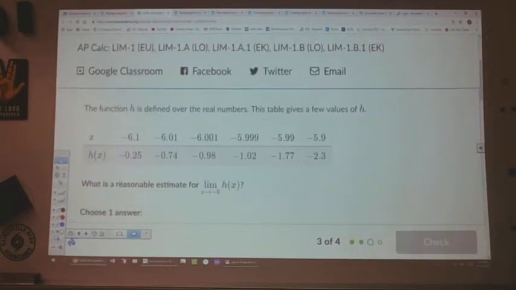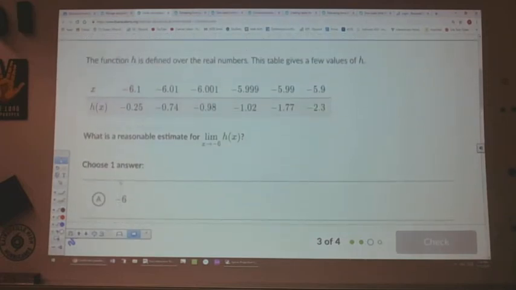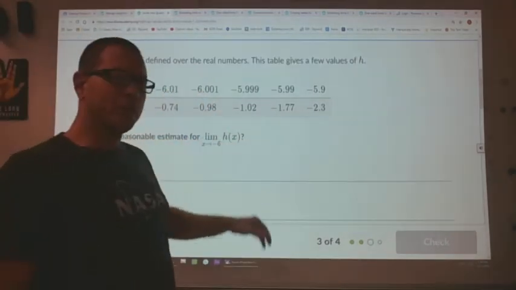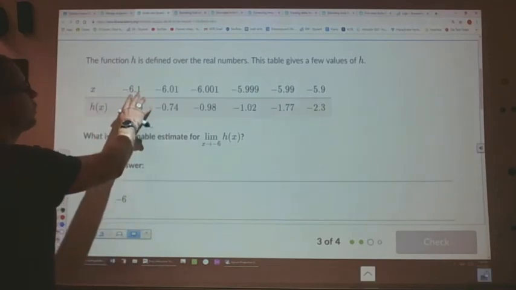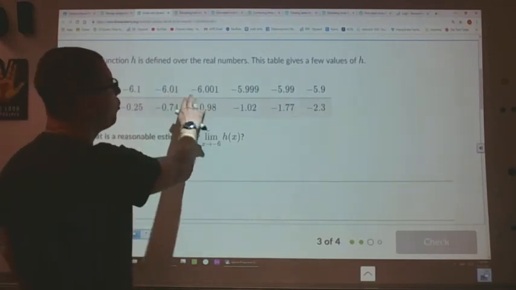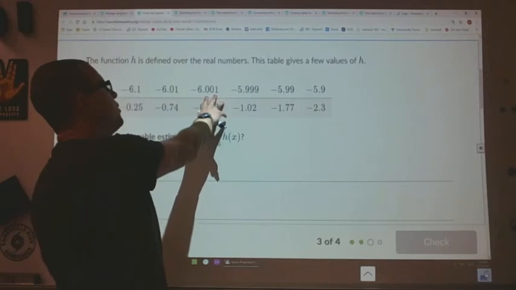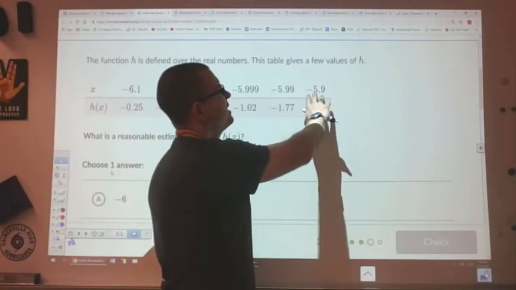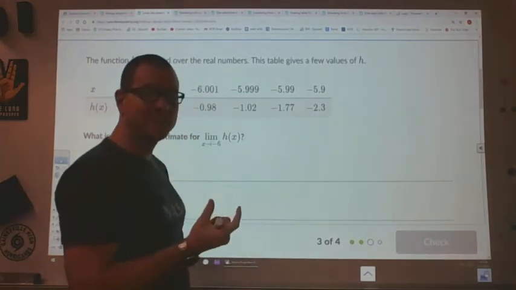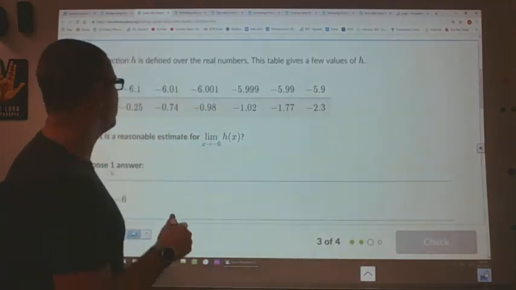Is this the same? Table. So now, instead of a graph, they're giving me a bunch of numbers. But let's look at these x values: -6.1, -6.01, -6.001, -5.9, -5.99, -5.999. What's in the middle of all of that?